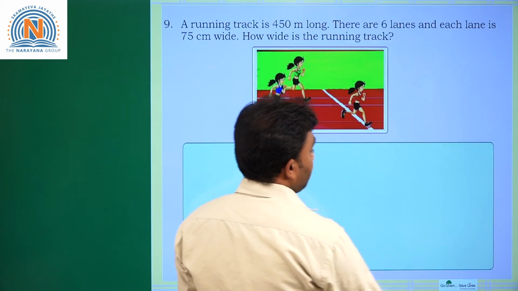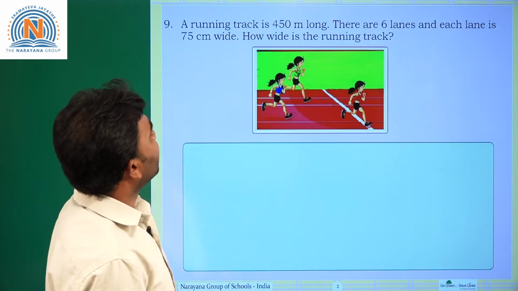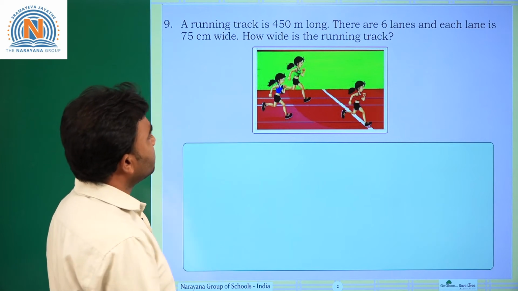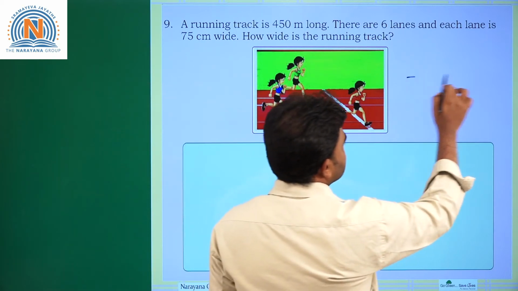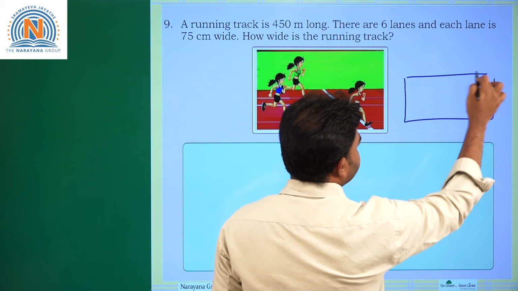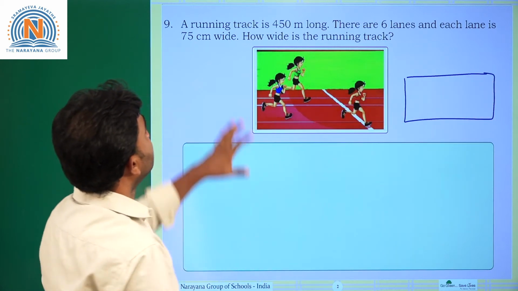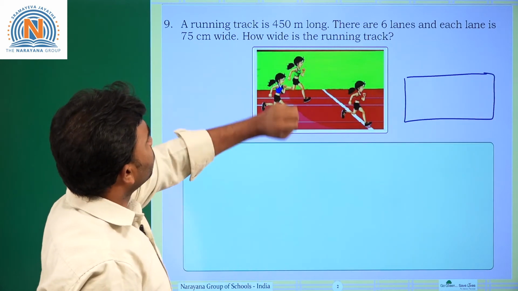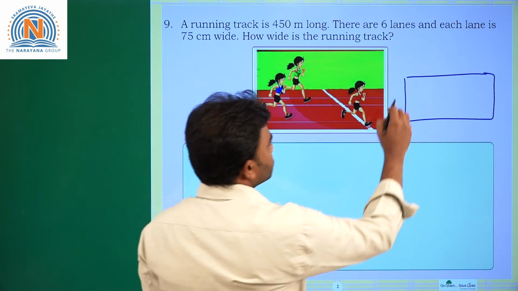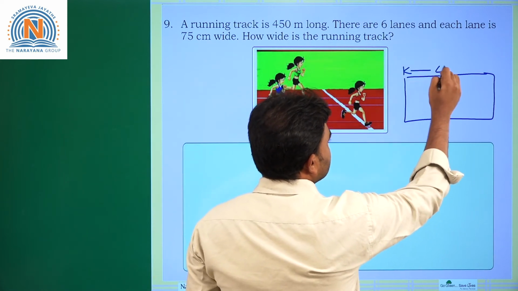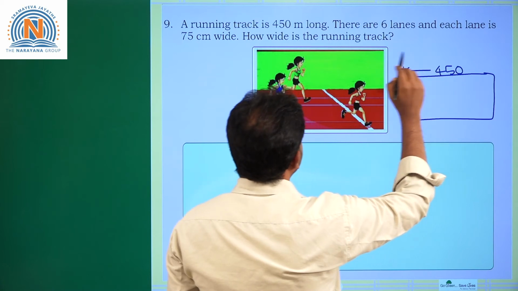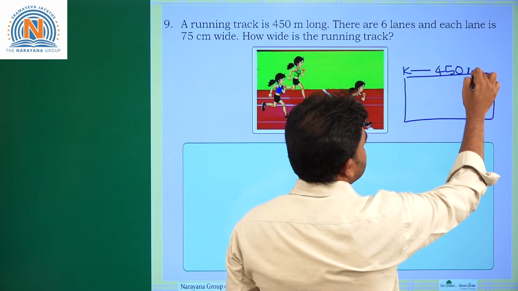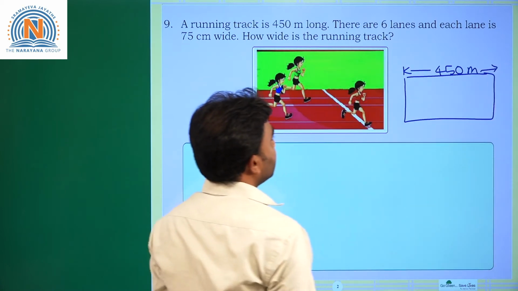Next one: a running track is 450 meters long. Think this is the running track; they have also given a picture. This is the length of the running race track, 450.